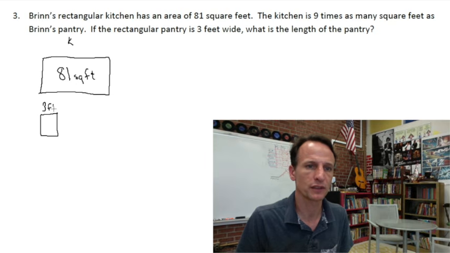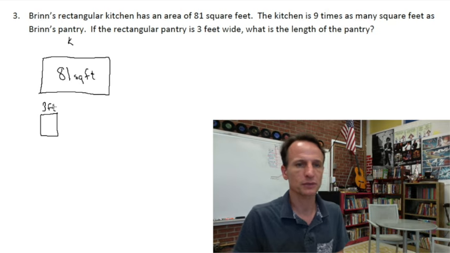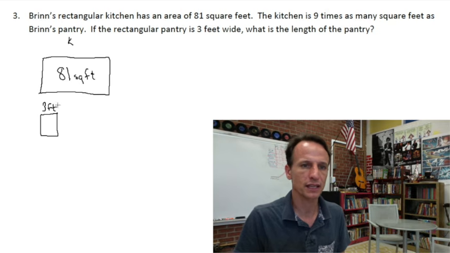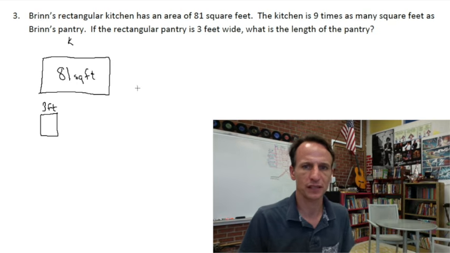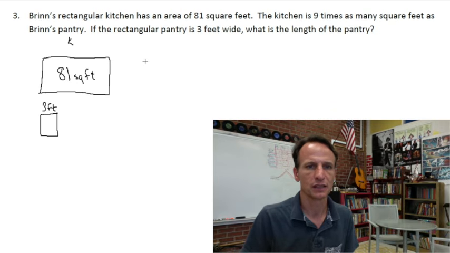I know that, but I also know something else. It tells me that 81 square feet is 9 times the square feet of the pantry. Okay, so let's think about that. I'm going to use an equation here.